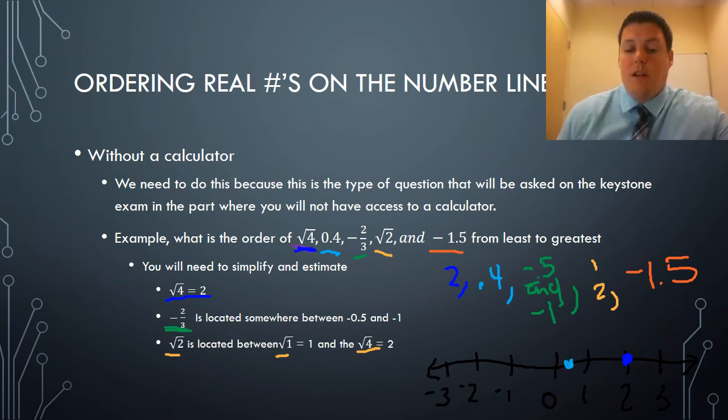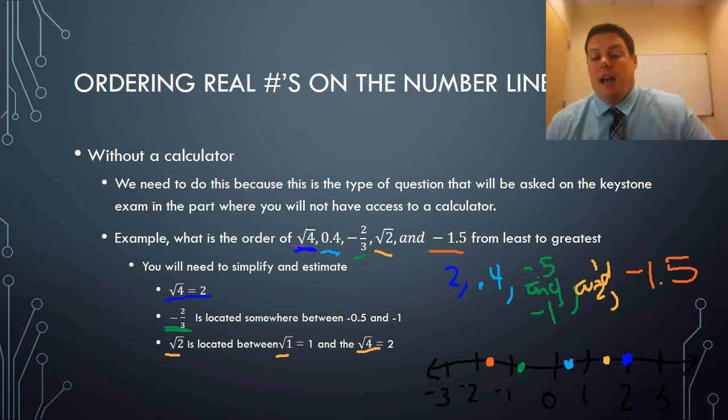So that'll be there. All right, we said negative 2/3 is somewhere between negative 0.5 and negative 1. So that's going to be somewhere closer to negative 1 than halfway. The square root of 2, we said, is somewhere between 1 and 2. So somewhere between 1 and 2, we'll just put it there. And lastly, we have negative 1.5, which is going to be right about there.